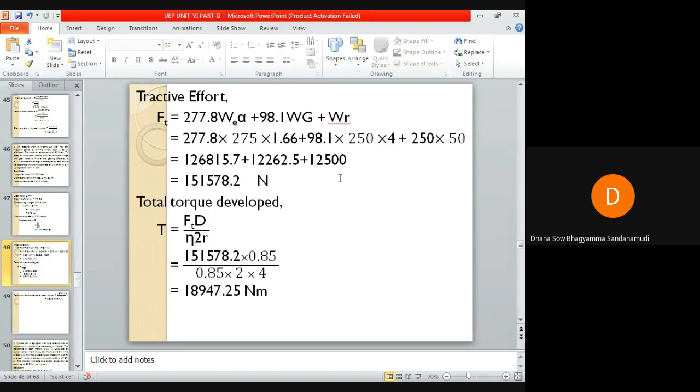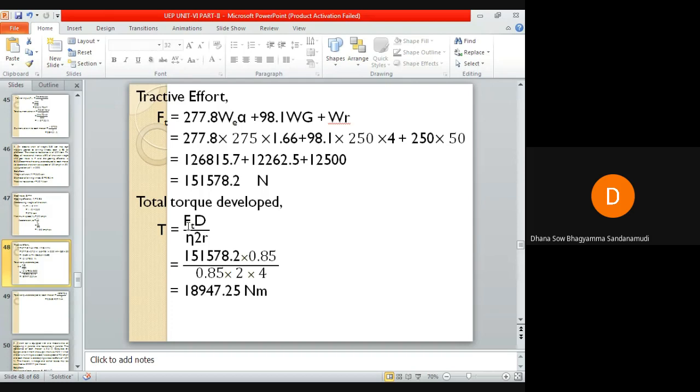You just substitute all the values, and you will get the tractive effort, that is 151578.2 newtons.